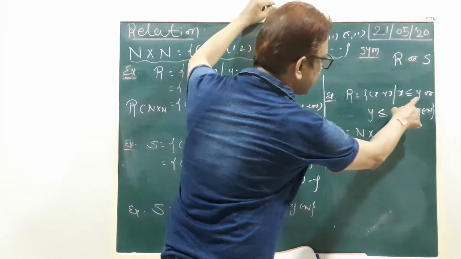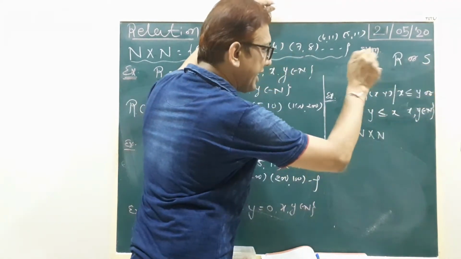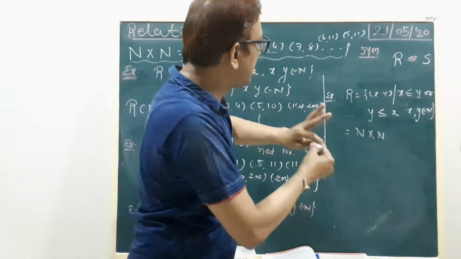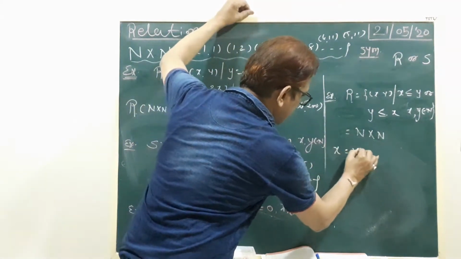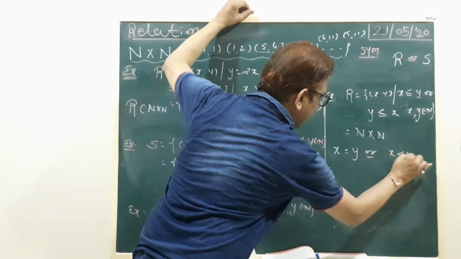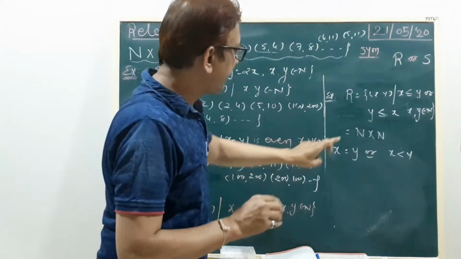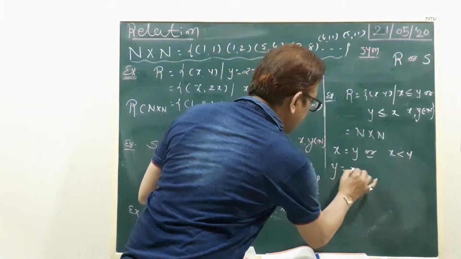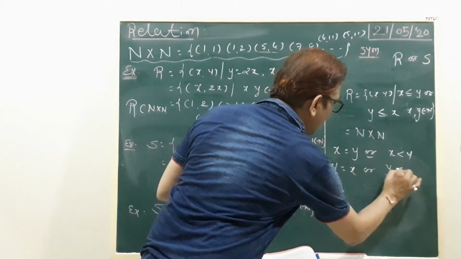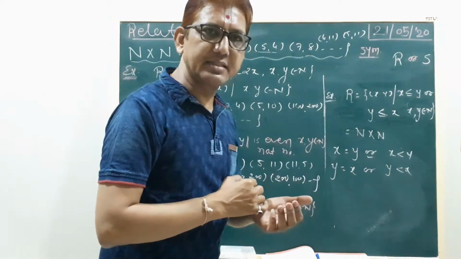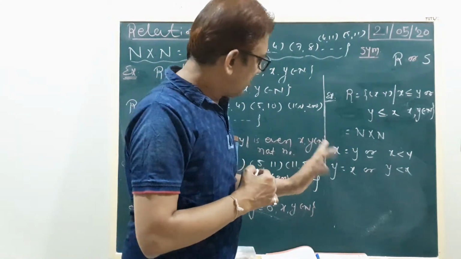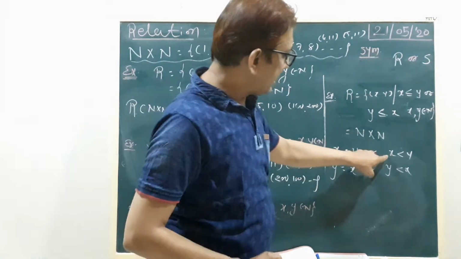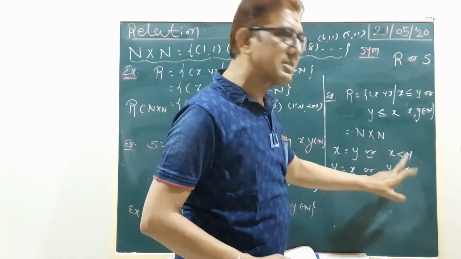Here x less than or equal to y means x equal to y or x less than y. Then y less than or equal to x means y equal to x or y less than x. Right? Here x equal to y, here x less than y, and here y less than x.